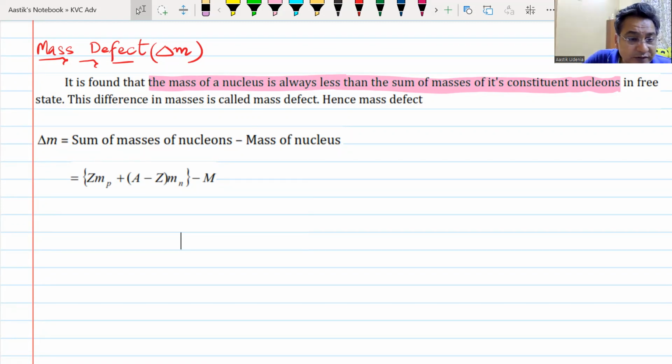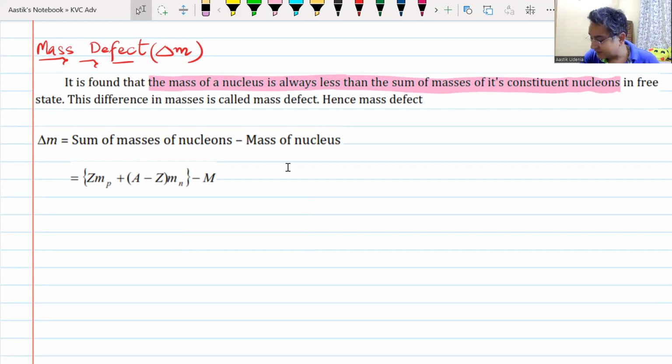So this would be the mass defect. You can write this mass defect in this way if you want.